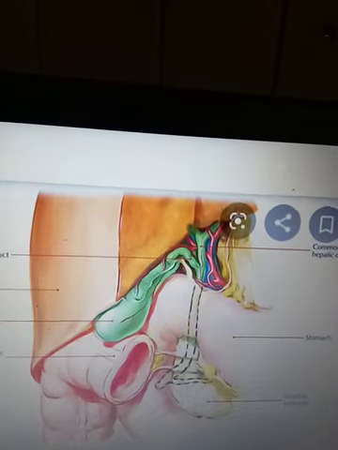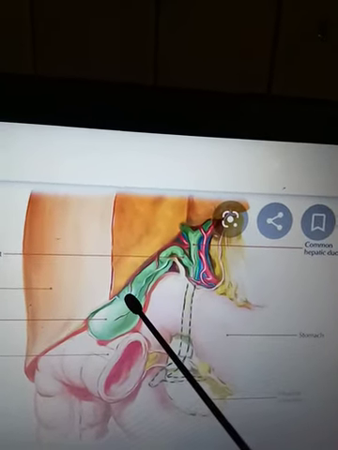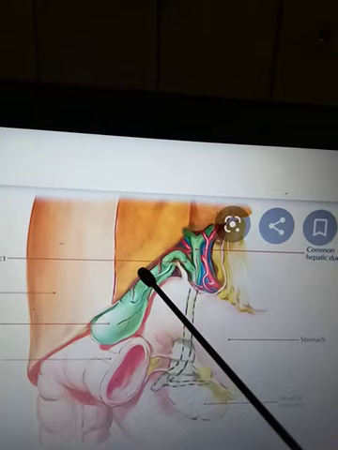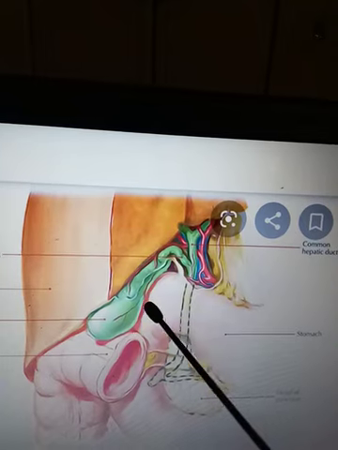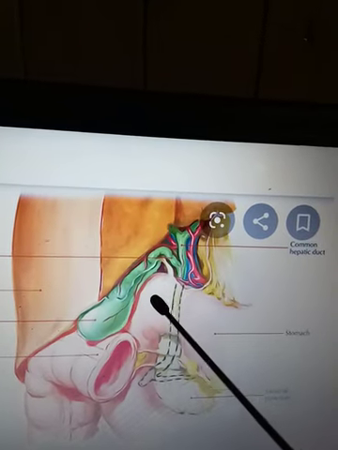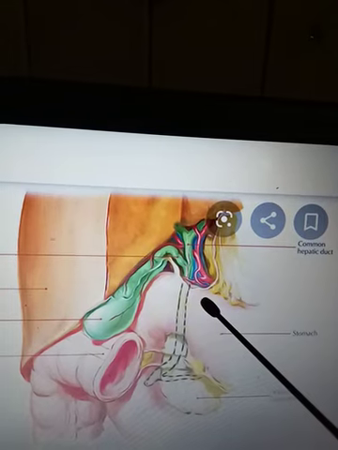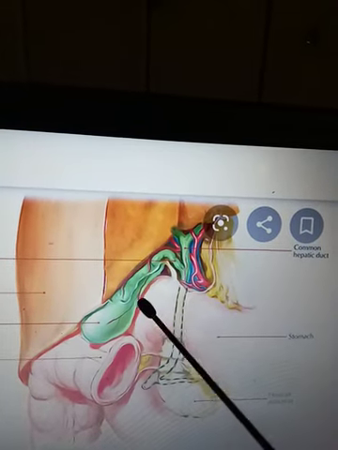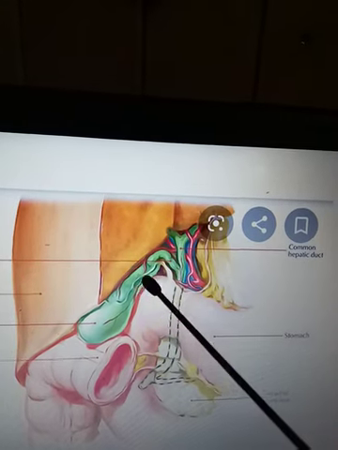Then for the body, superiorly it is just present in the gallbladder fossa, and inferiorly, as you can see in the picture, it has the relation with the transverse colon, and it has the relation with the first and the second part of the duodenum.